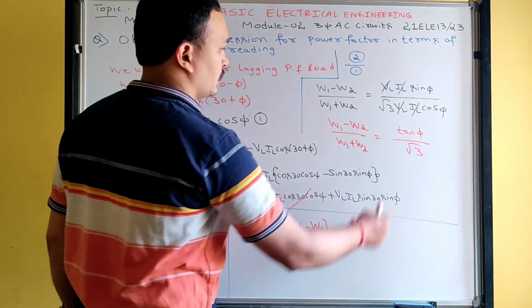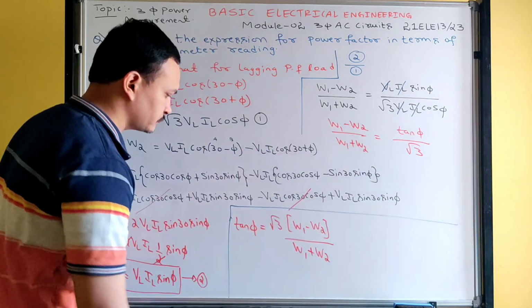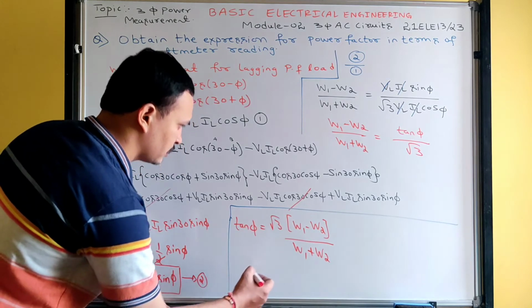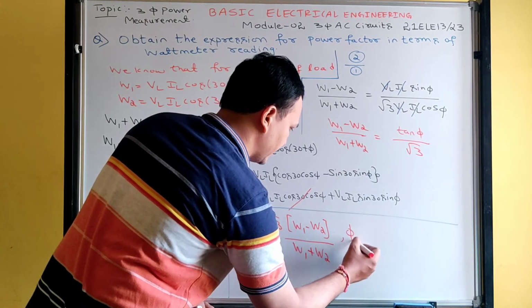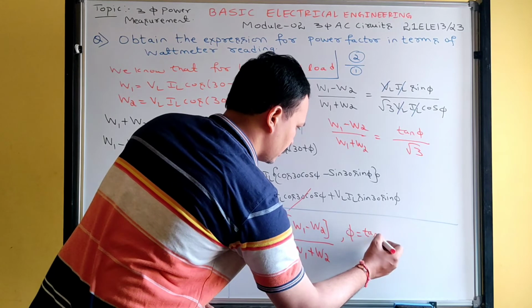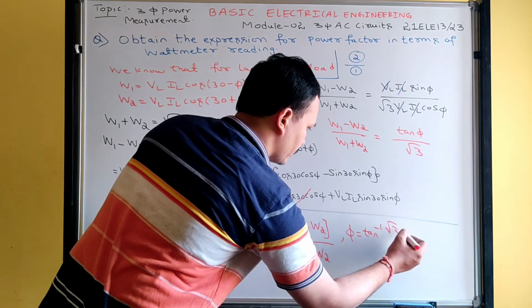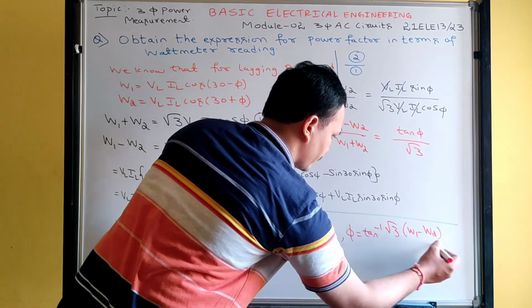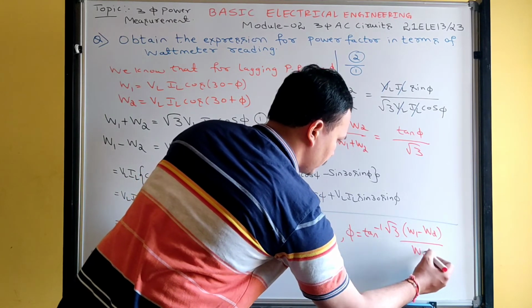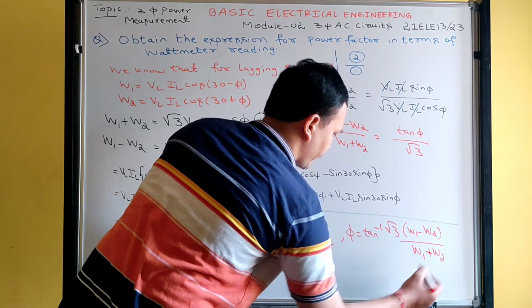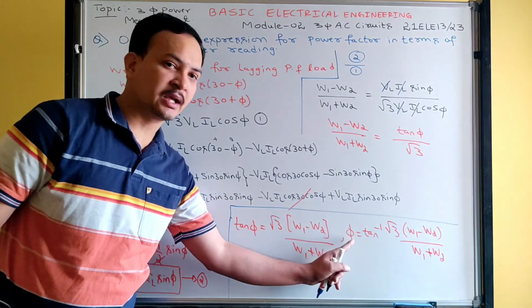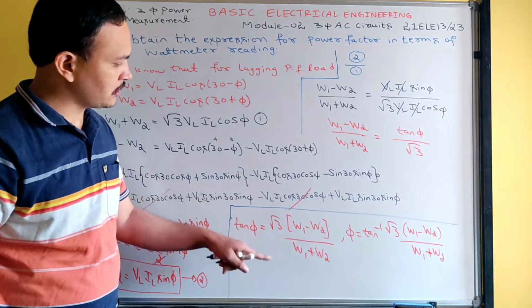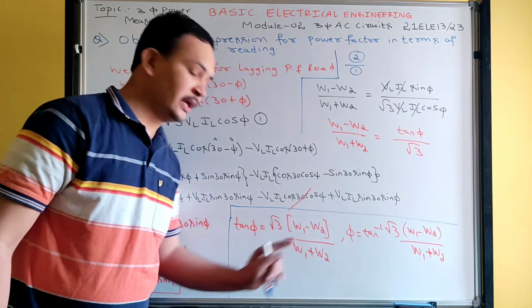Okay, got it? Just cross multiply. So now from this we can write phi as tan inverse of root 3 times of W1 minus W2 divided by W1 plus W2. This is the phase angle value. Tan inverse of this expression gives the phi value.